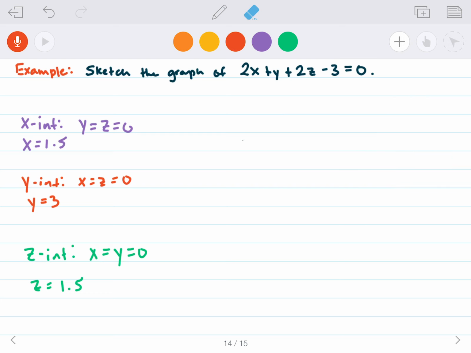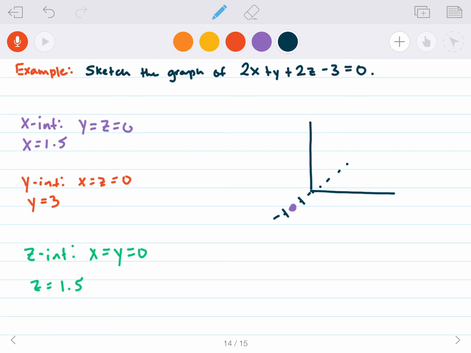So let's go ahead and do a quick sketch here. Alright, so x-intercept is 1.5. So I'm going to make that right here in between 1 and 2.